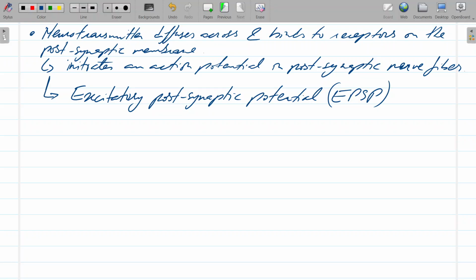And so the whole concept is that there's a threshold, and if it reaches the threshold, it will go all the way, and the action potential will travel along and it's fired. All of that we've talked about.